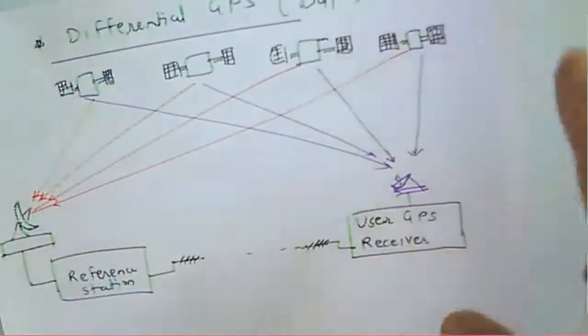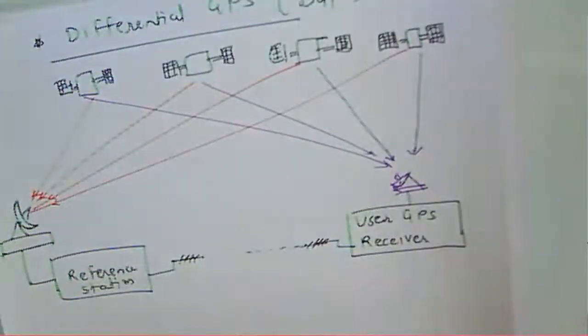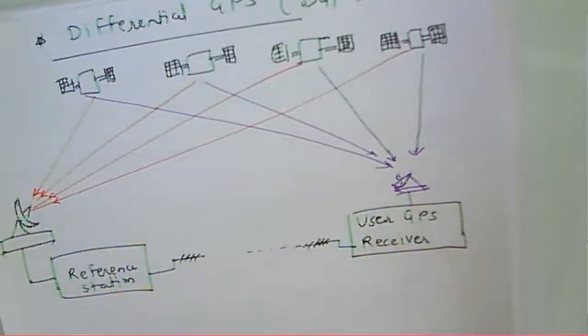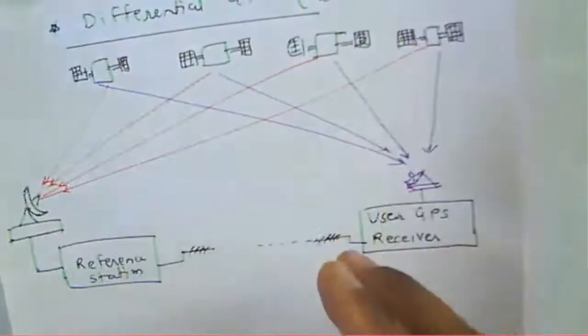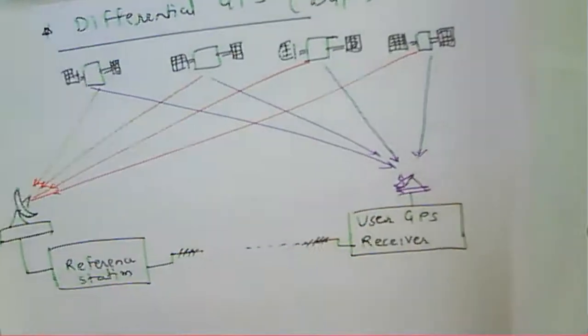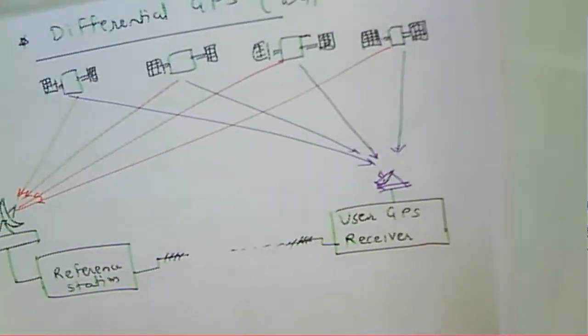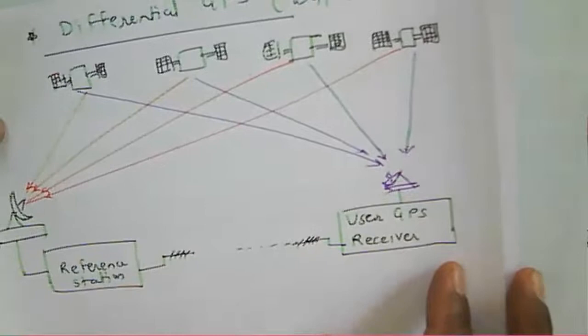That's all we have seen, the differential GPS system and the GPS system. So there are various navigational systems available. This is the US GPS system that we have learned, which has 24 satellites in use, but a total of 31 satellites. Another system is Galileo, the European system.